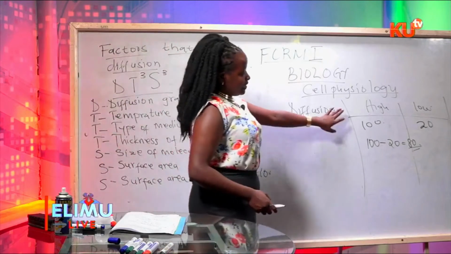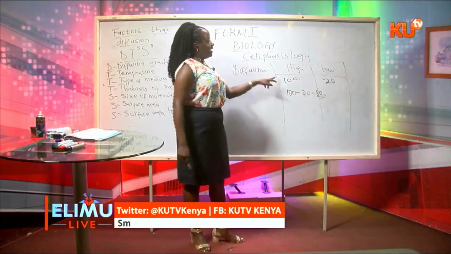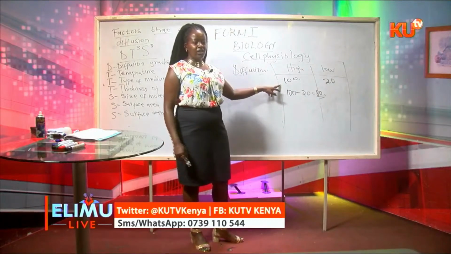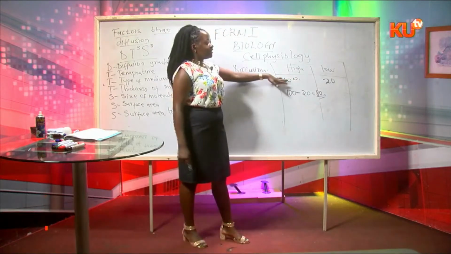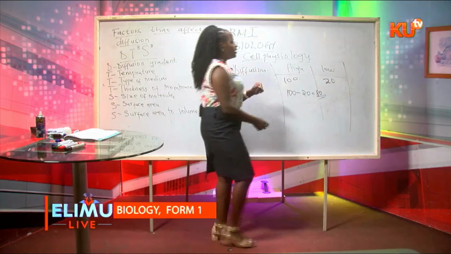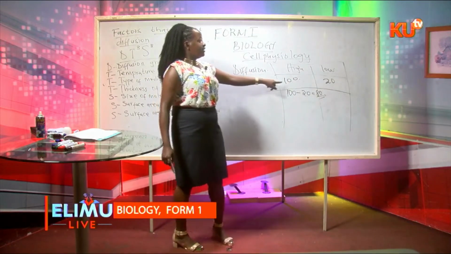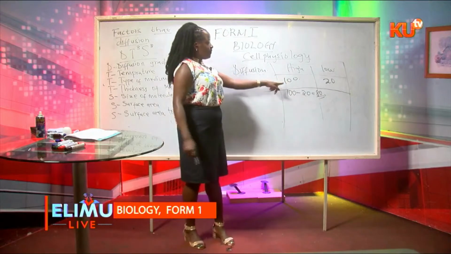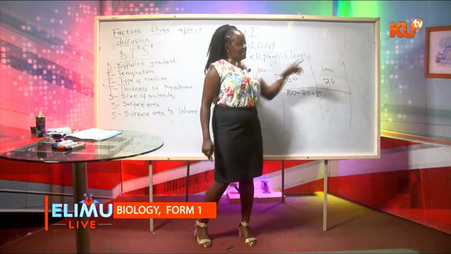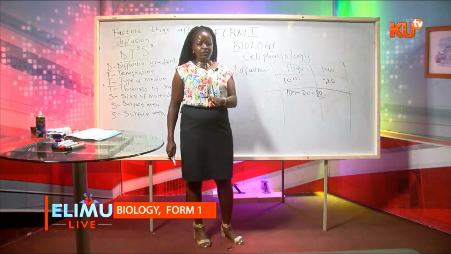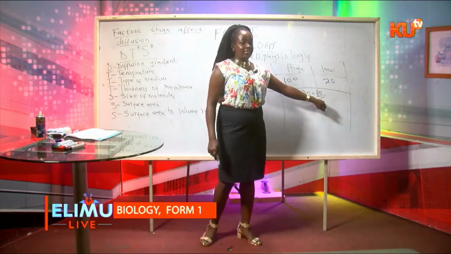We had this small table here showing how particles are in the region of high concentration and in the region of low concentration. So in the region of high concentration, we're going to have 2 scenarios. This is the first one. In the region of high, there are 100 particles. When in the region of low, we have 20 particles. The difference or the diffusion gradient will be 100 minus 20, which is 80.